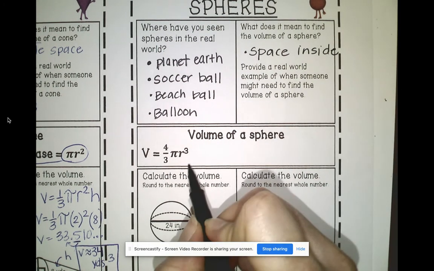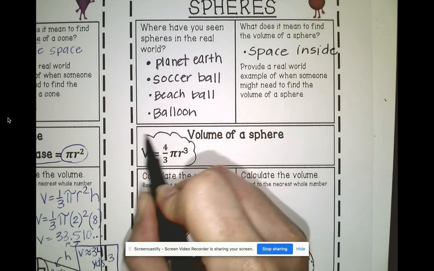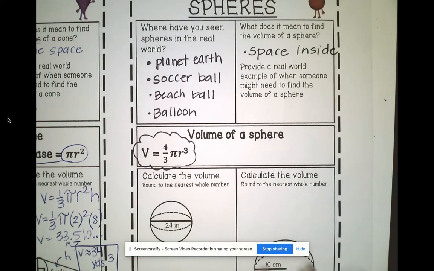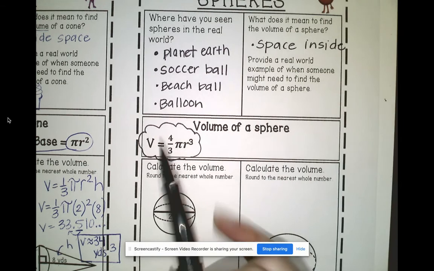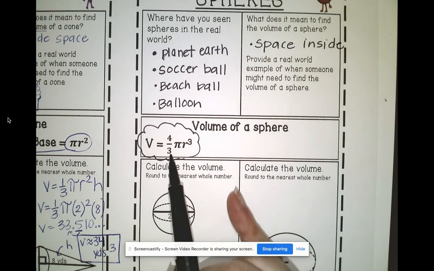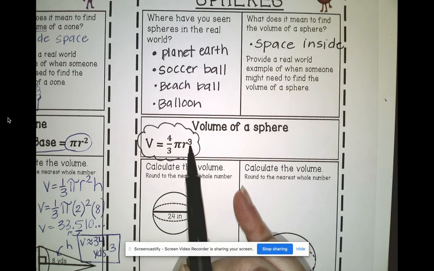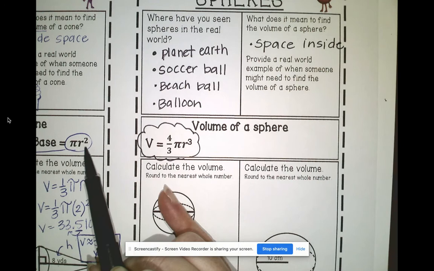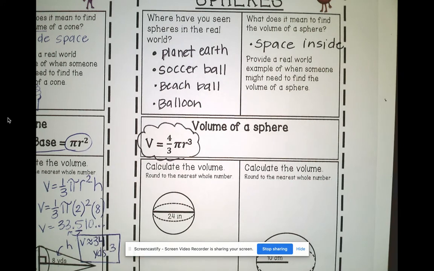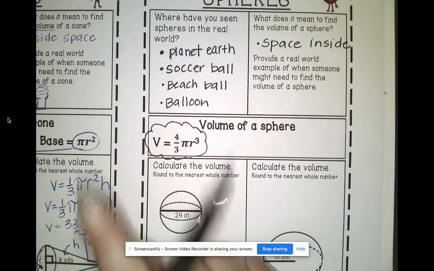Here is our volume formula. This one's probably kind of similar to our cones, in that there's a fraction out in front. Notice the difference here, though, is pi r cubed. We've seen a lot of squared because that's a flat 2D circle.